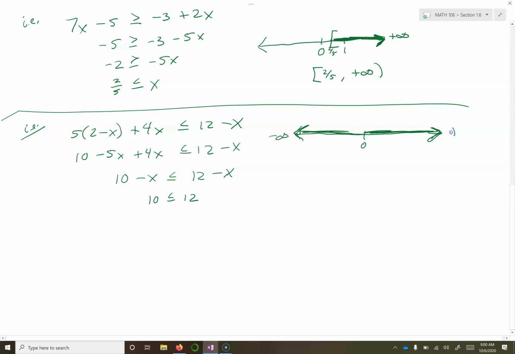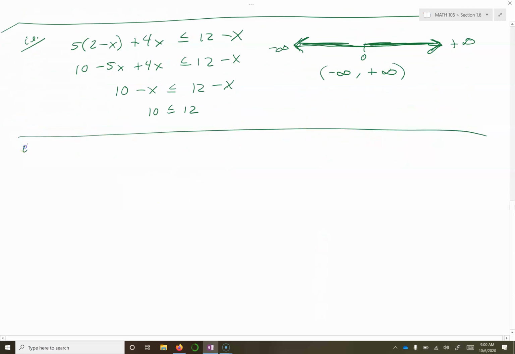So my solution is going to go from open paren negative infinity, all the way up to positive infinity. I could plug in any x value. I could plug in 1,000,000. I can plug in negative 12. Doesn't matter. I'm always going to have a true inequality. So this would be sort of equivalent to an identity if we were talking about equations.